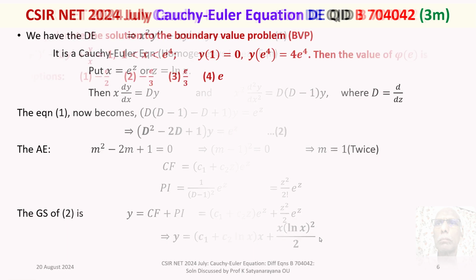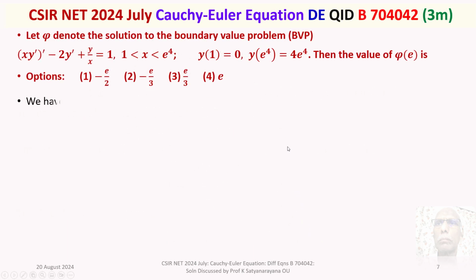Now move to the next slide for further discussion. We have the general solution of the given differential equation, that is y of x equal to (c1 plus c2 into ln x) whole multiplied by x plus x into (ln x) whole square by 2. Now to evaluate the arbitrary constants c1 and c2, we are given the boundary conditions.